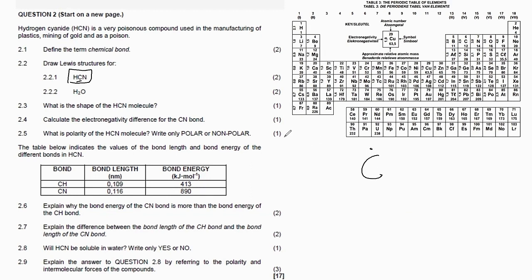And then what I'm going to do now is that first I will draw the individual atoms. So we know that carbon has 4 valence electrons, and then we know that hydrogen only has 1 valence electron. And then that nitrogen, it's in group number 15 with 5 valence electrons, right?